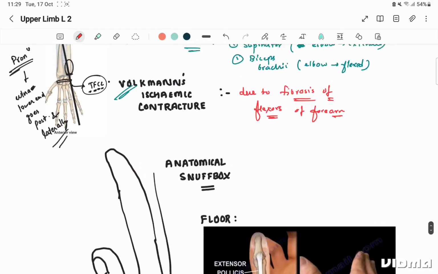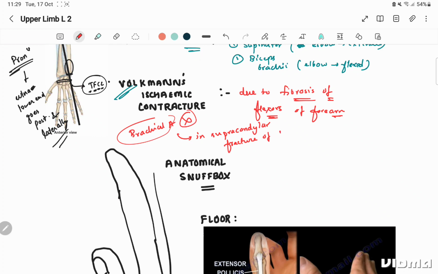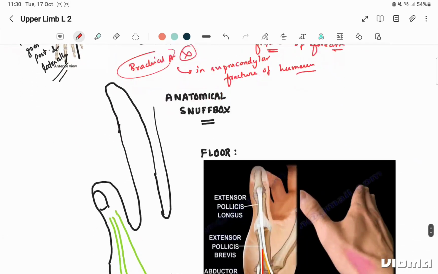The most common cause is injury to the brachial artery, the brachial artery injured in supracondylar fracture of humerus. Okay. The flexor muscles are generally paralyzed or fibrosed.